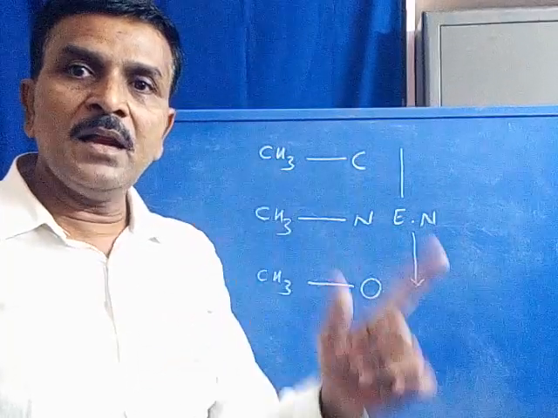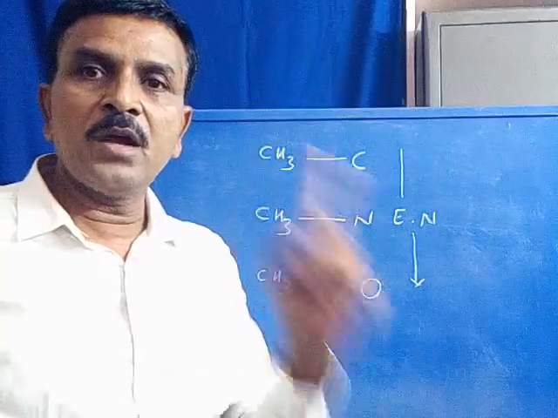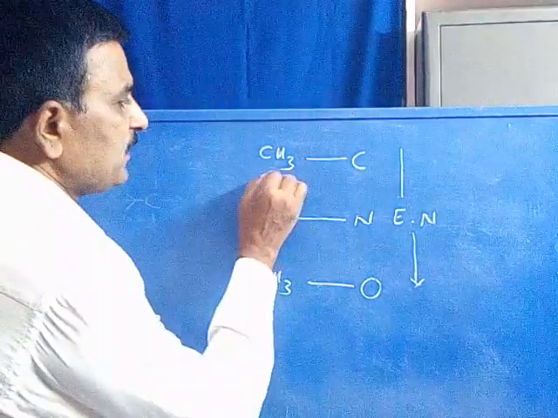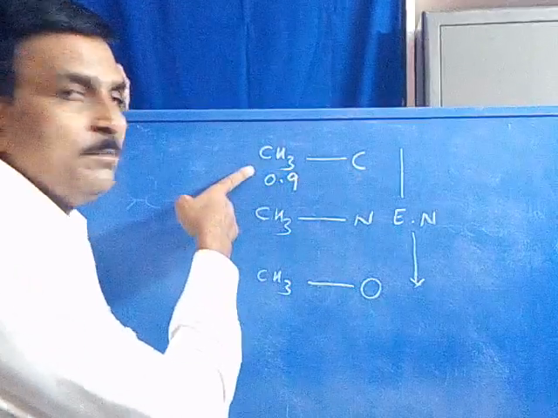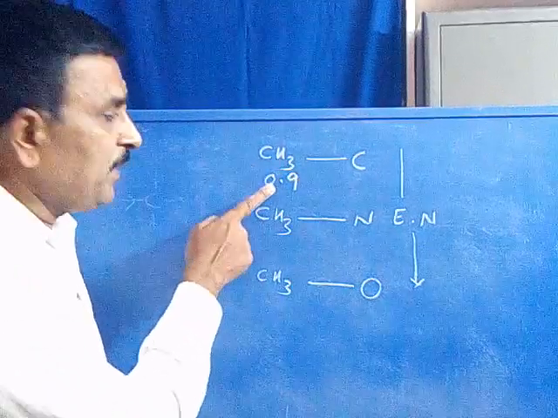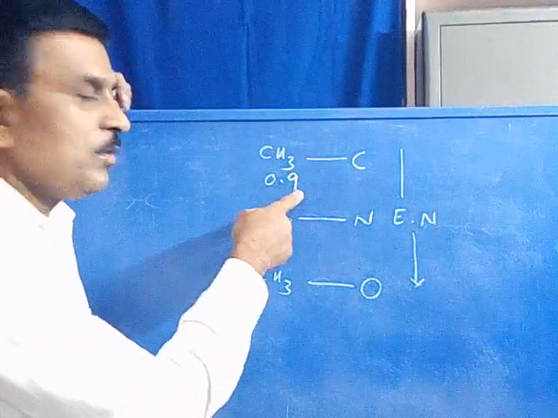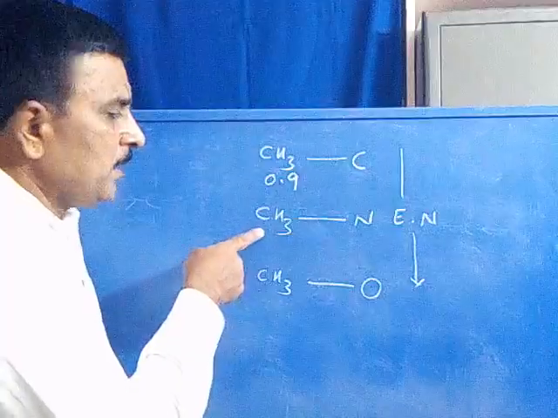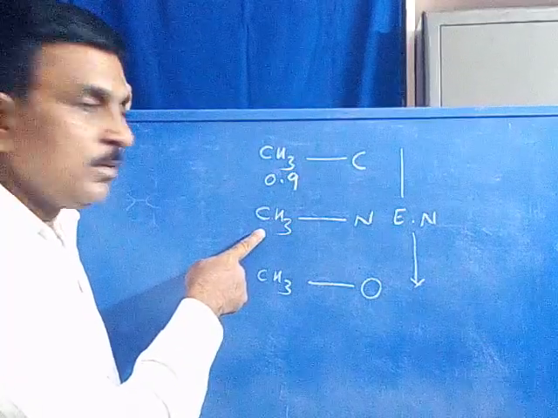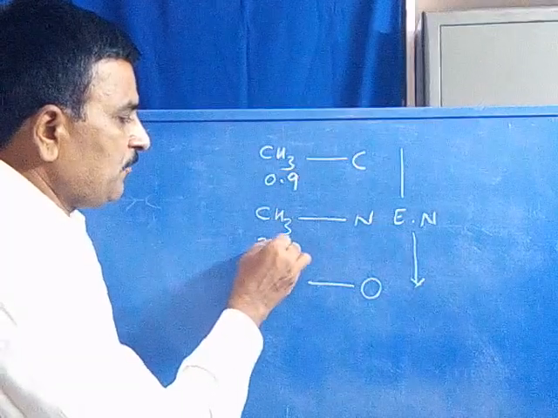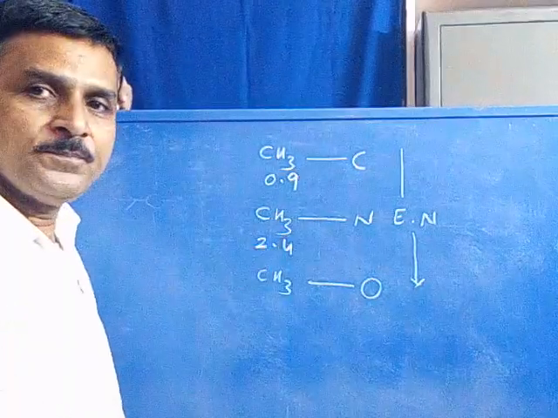Now coming to what we discussed: as electronegativity increases, the delta values also increase. That is, the CH3 in the first example, the signal appears at 0.9 ppm, delta equal to 0.9 ppm. The same CH3 group, when attached by nitrogen, appears at 2.4 ppm.